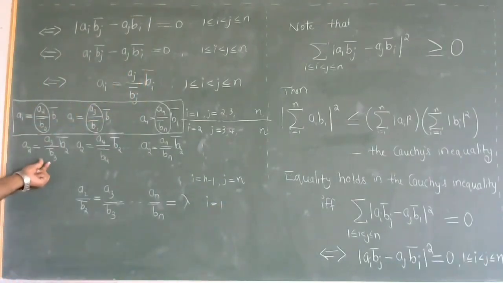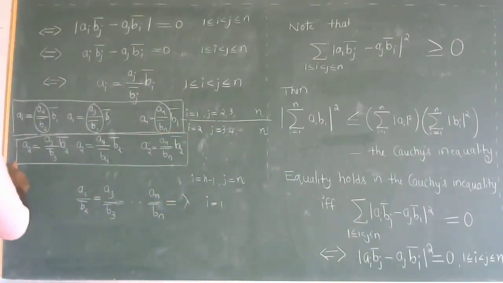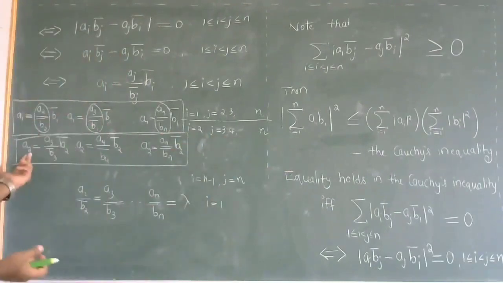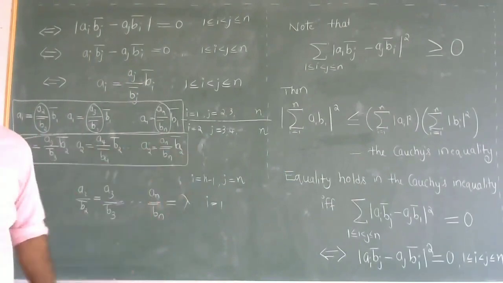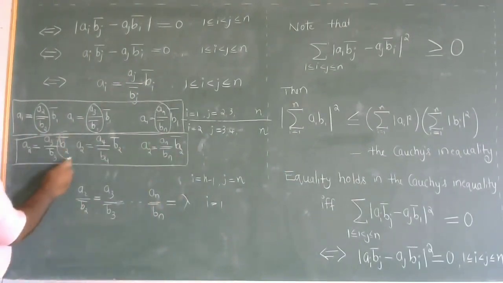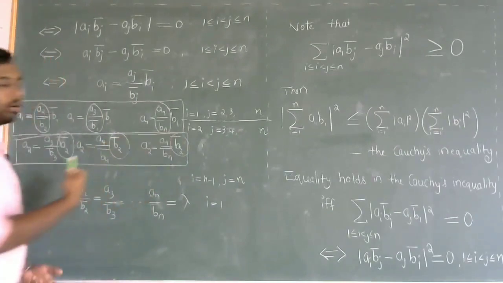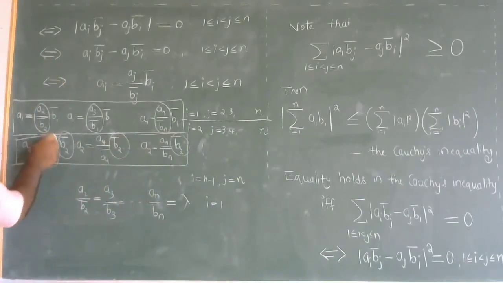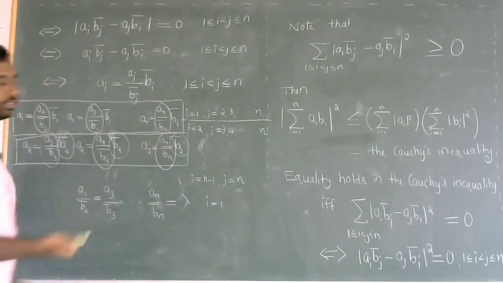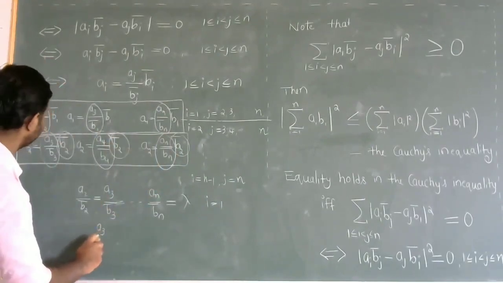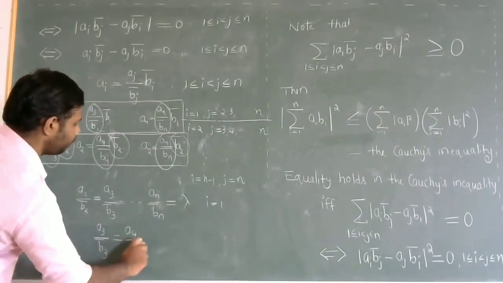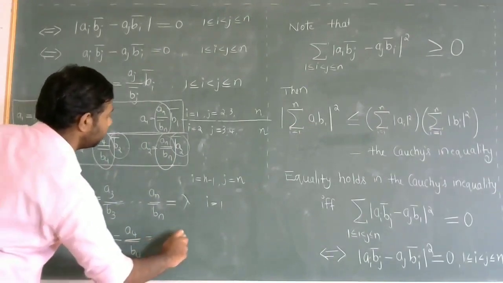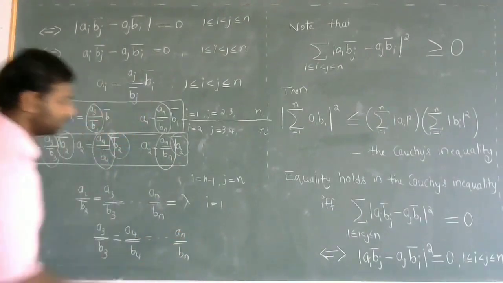Now once again, observe this set of equations. For all these equations, the LHS is equal, so the RHS has to be equal, and in the RHS part, these are common, so neglect those. The remaining fractions have to be equal: a3 by b3 bar equals a4 by b4 bar equals an by bn bar.